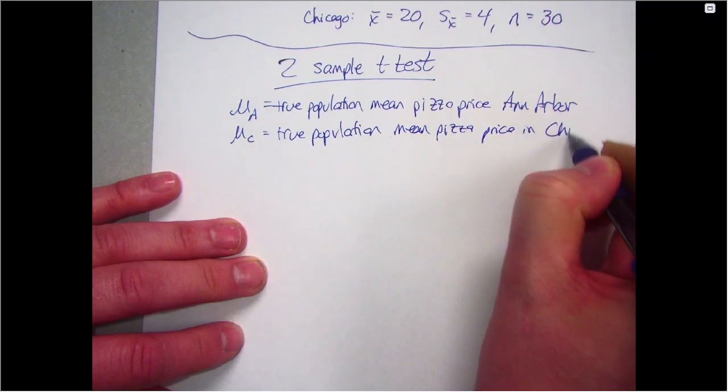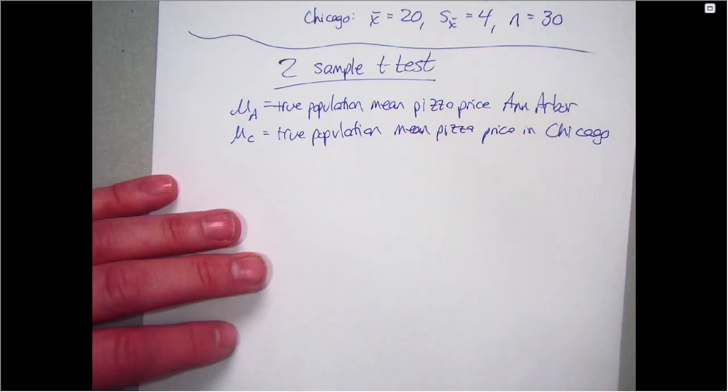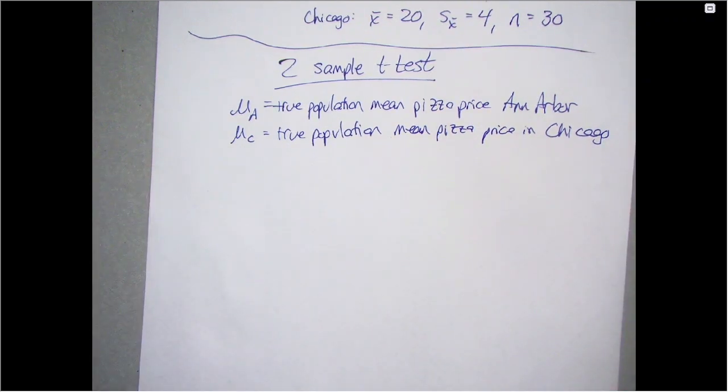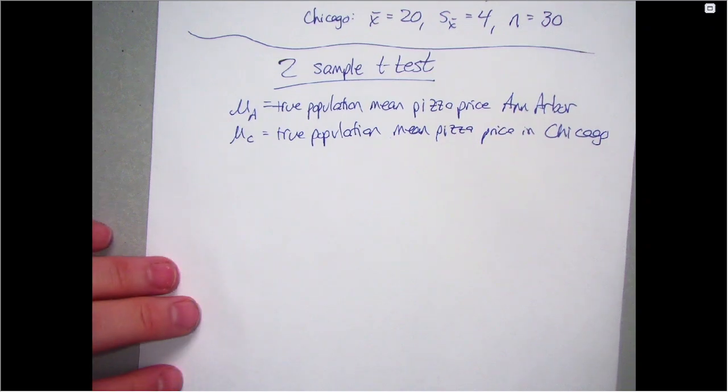So instead of there being a claim and then one set of data, we're comparing data to other data. We've got 2 samples instead of 1.